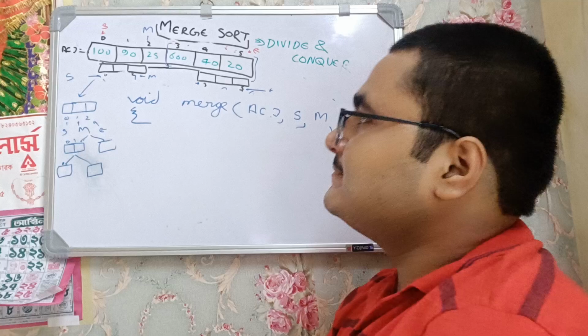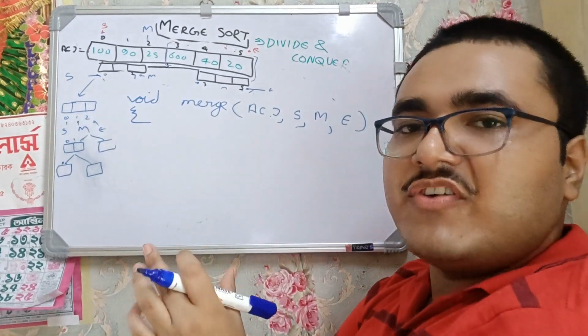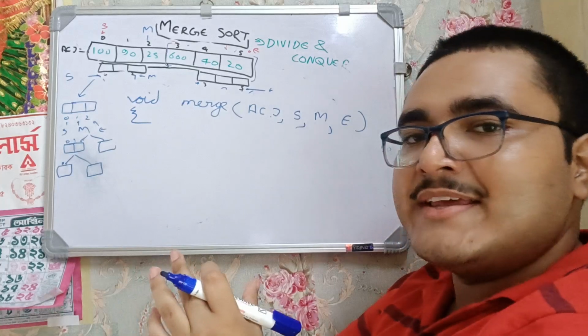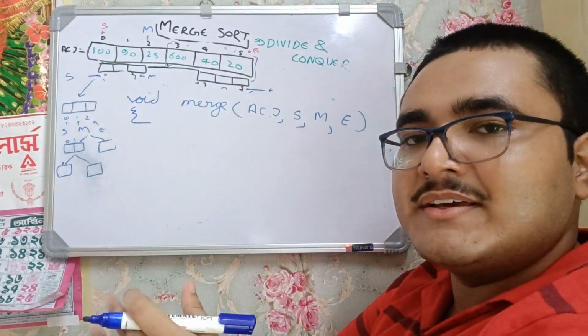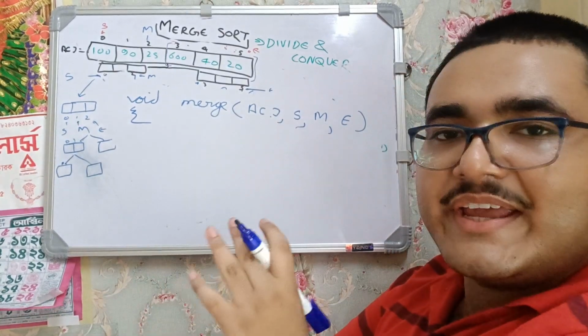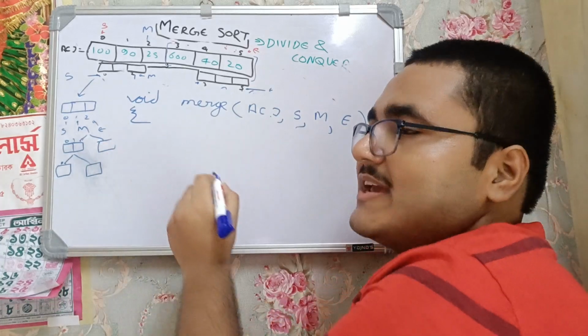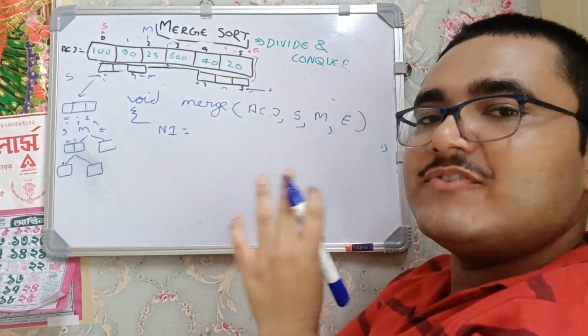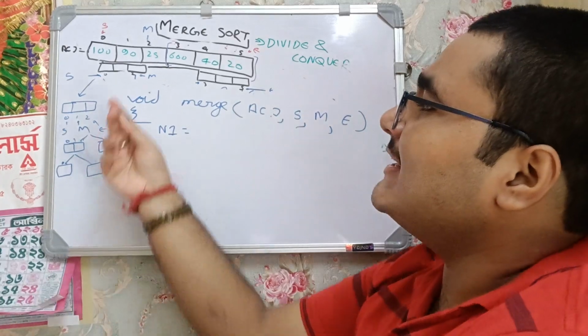Now we should consider two arrays, that is left and right. So before taking those arrays, we should consider their size. What should be the size of the left array?